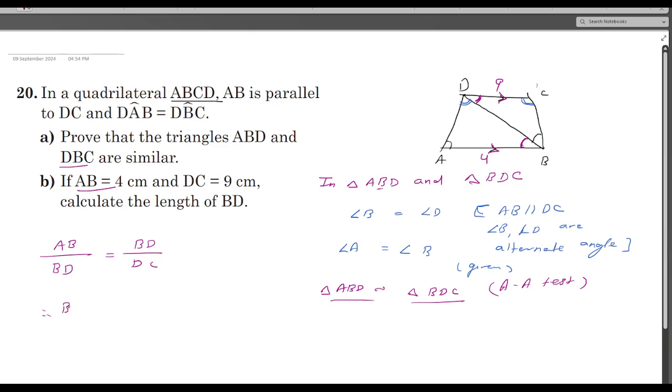So therefore your BD square will be AB times DC. BD square is equal to AB times DC. So your AB is of length 4, your DC is of length 9. This is your BD square, and therefore your BD will be equal to 2 times 3, which is equal to 6. So BD is 6 centimeter.